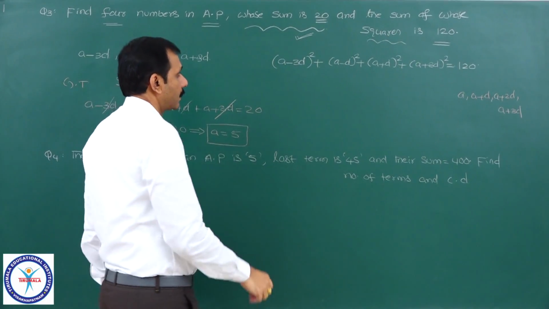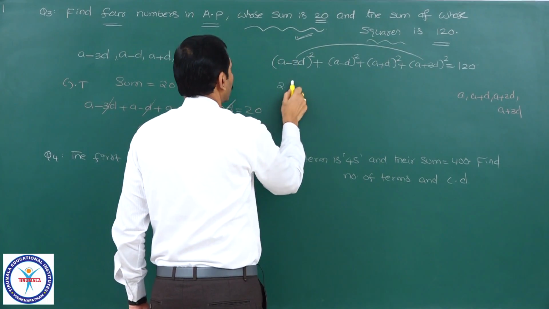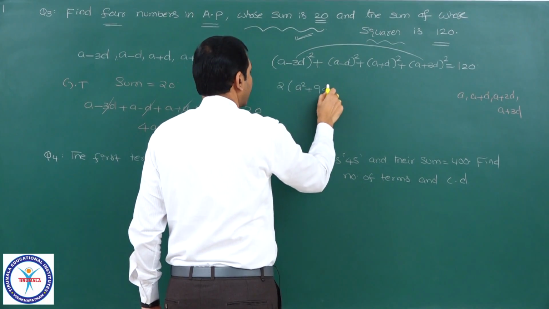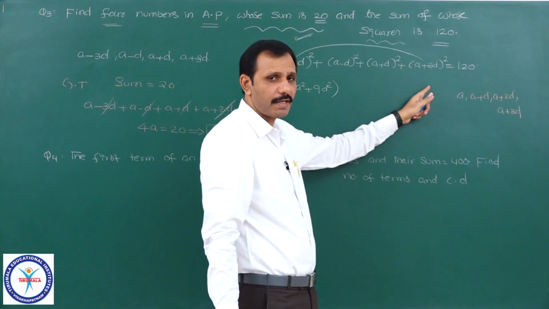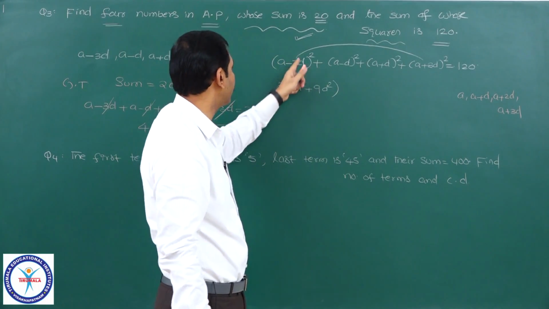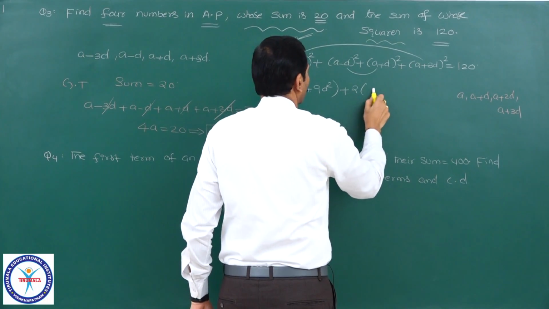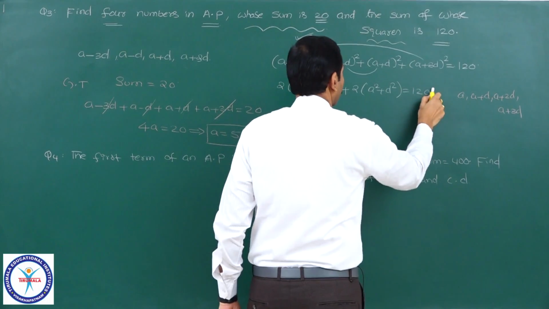Now you see, if I square it, (a − b)² + (a + b)² is 2 times (a² + b²), so 2 times (a² + 9d²), and again these 2 times (a² + d²) equal to 120.